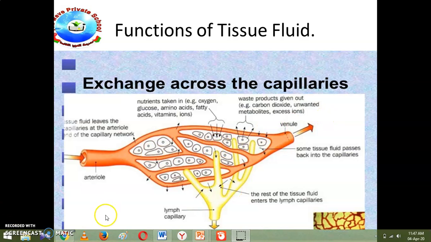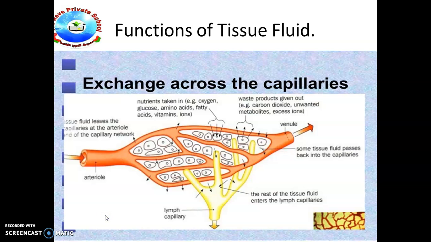By this we can understand that the plasma and the white cells are continuously leaking out of the blood capillaries. From here, the blood capillaries are leaving the plasma and the white cells. That substance we call tissue fluid. It surrounds all the cells in the body.